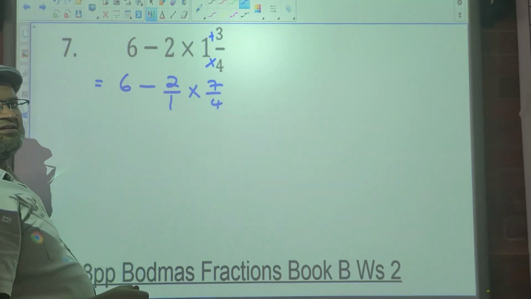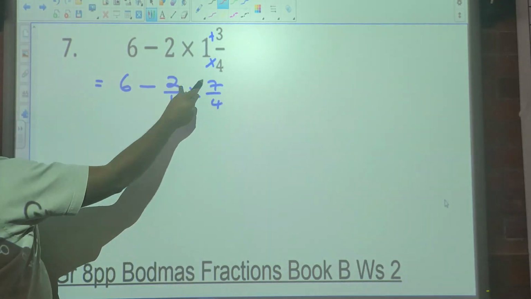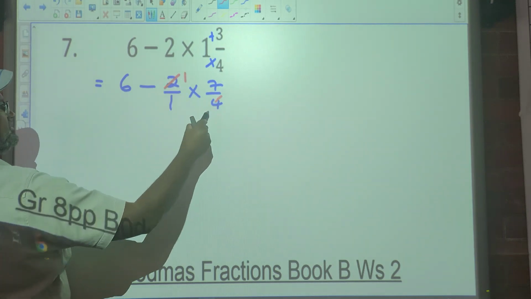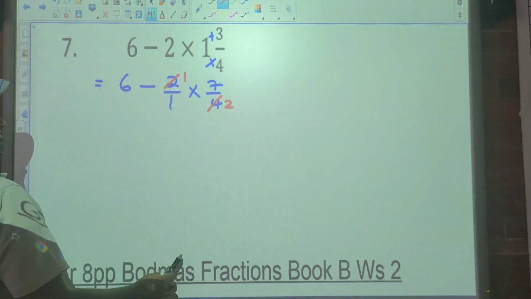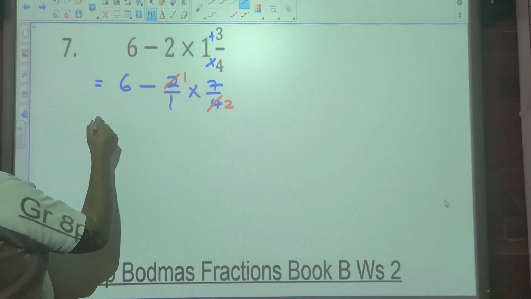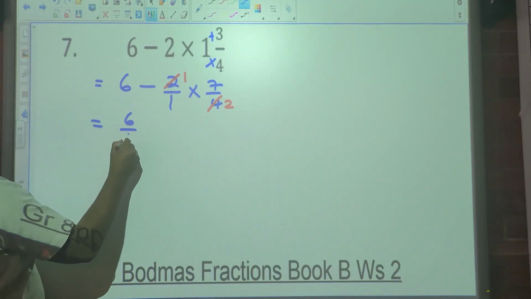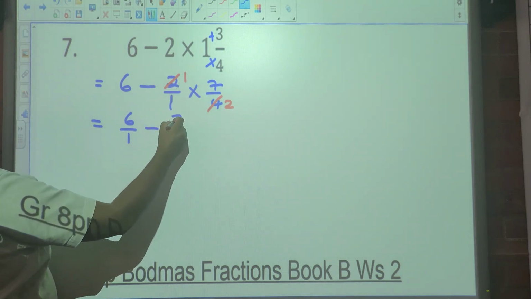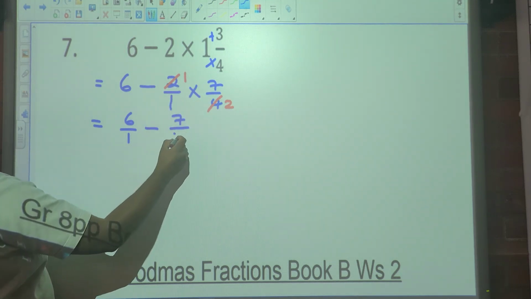You all agree with that? So can anything cancel here? Yes. So 2 goes into 2 once, 2 goes into 4 twice. Anything else cancel? No. So 6 over 1 minus 1 multiplied by 7 is 7, over 2 multiplied by 1 is 2.